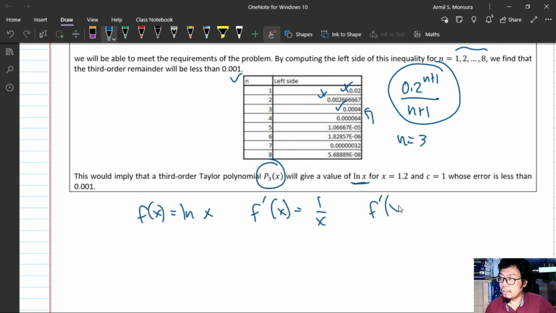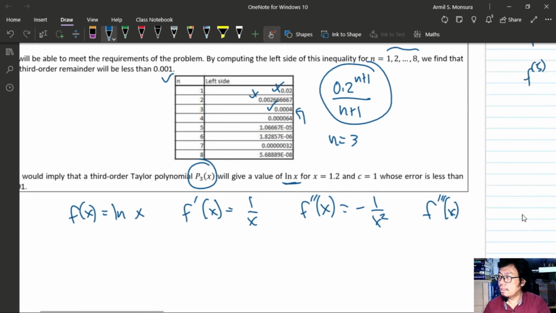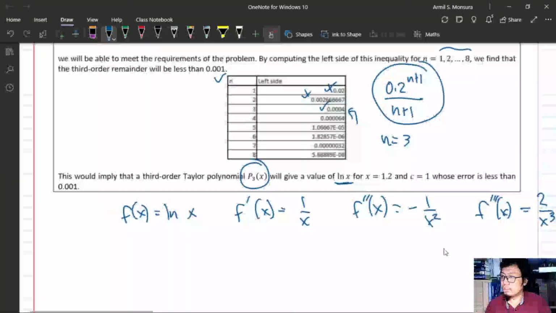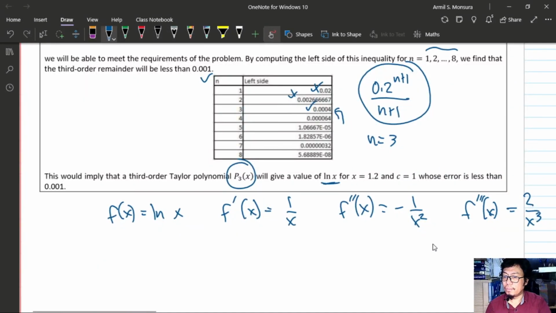Its second derivative is negative 1 over x squared. And its third derivative is positive 2 over x cubed. Okay, so those are your derivatives.